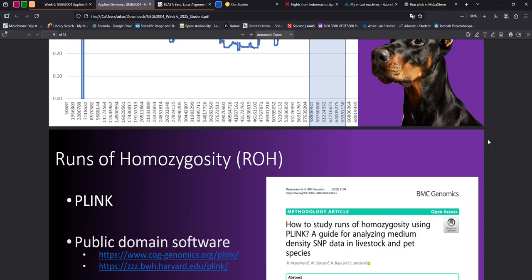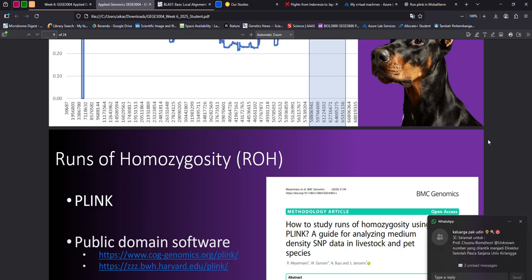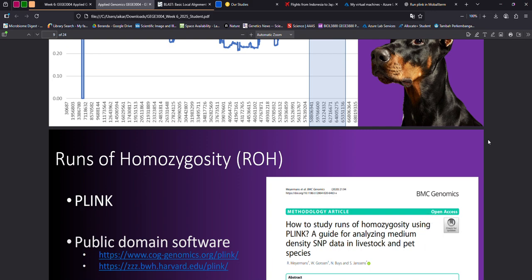So this could be something associated with a favorable health trait. Why would you want to introduce something that may risk the health of the animal? So it could be a disease resistance gene. Just because there's not a lot of diversity in this region of the genome doesn't mean that we should introduce more diversity into that part of the genome.